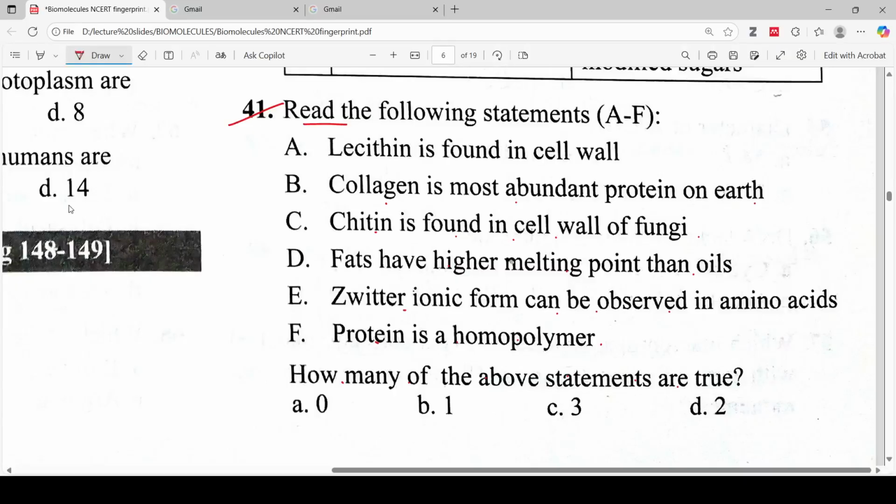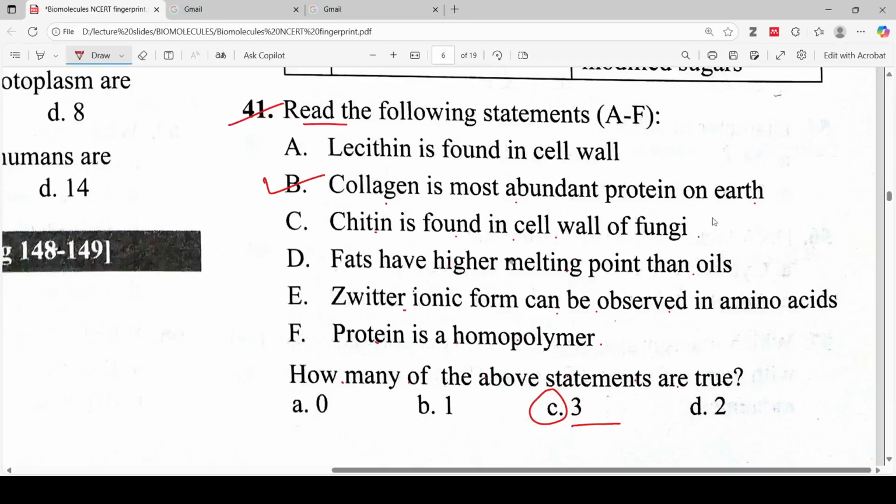So here the correct answer will be option C. Three statements are correct.